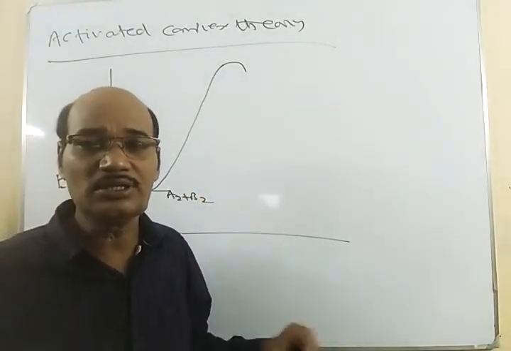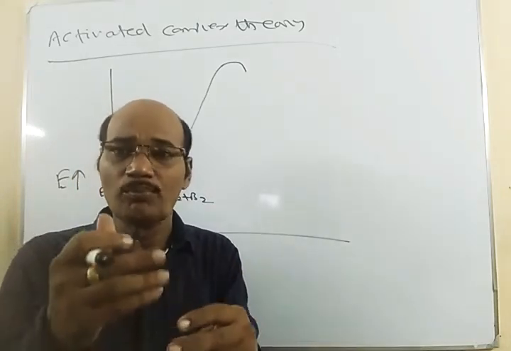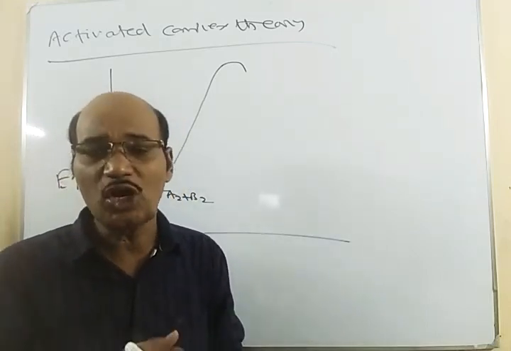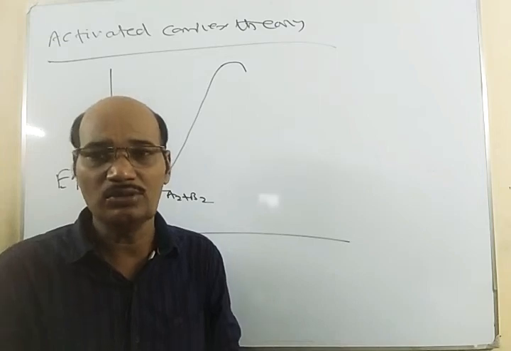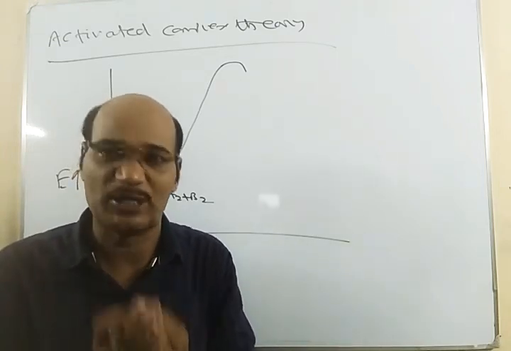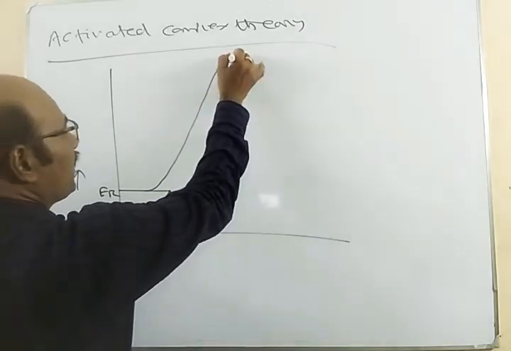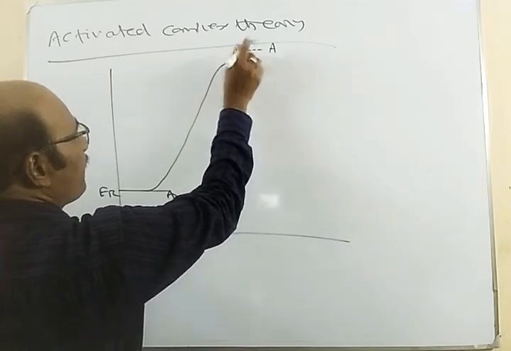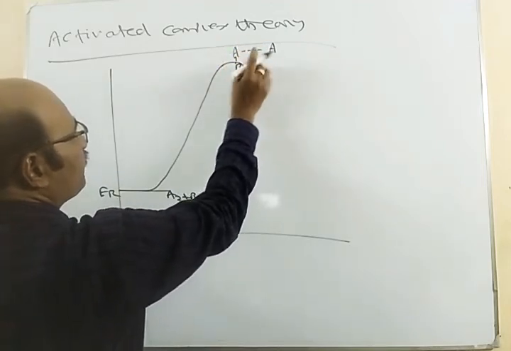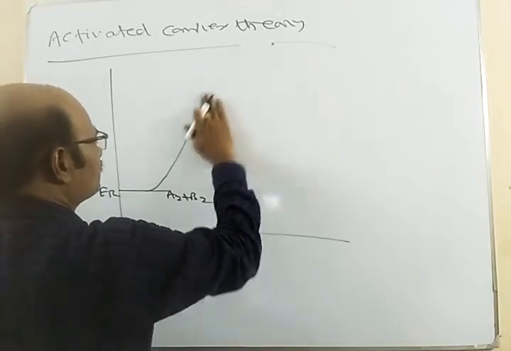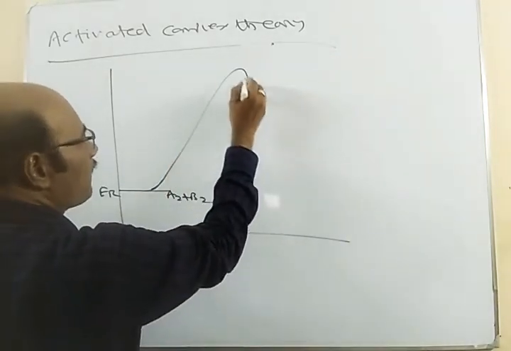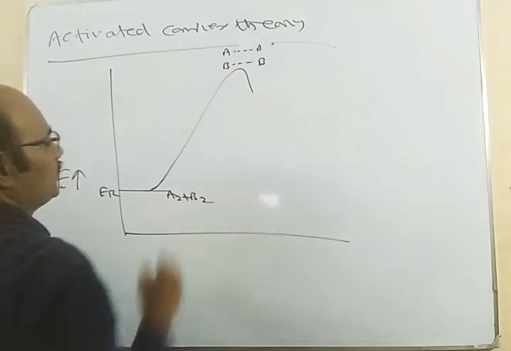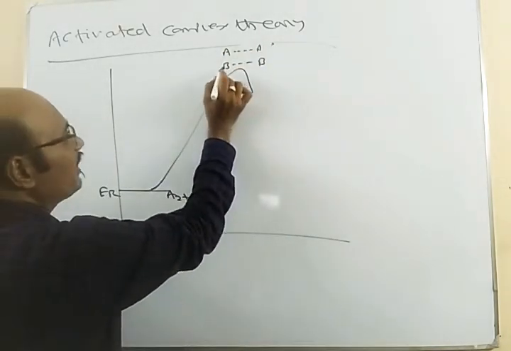At that moment, the old bonds start to break and new bonds start to make. That means a complex is formed. That is called the activated complex. So here you see A, B, this I can write like this: A-A, B-B. This A-A bond is breaking, B-B bond is breaking.